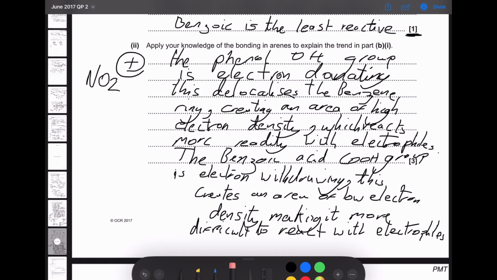Is a positive charge more likely to accept electrons or donate them? It's more likely to accept them because it wants to turn this positive into no charge at all. And likewise, if you have a negative ion like OH-, is it an electrophile? Is it a nucleophile? Well, it's going to want to get rid of its electrons so it can become neutral. So it's going to be a nucleophile.